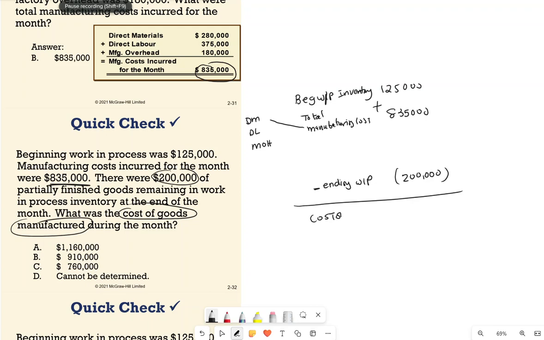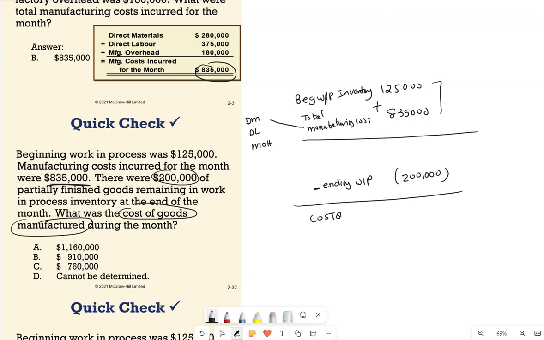So before we get to it, when you have beginning work in process plus your total manufacturing cost, you're going to total them. So let's see, what do we get? That is your total work in process during the period.